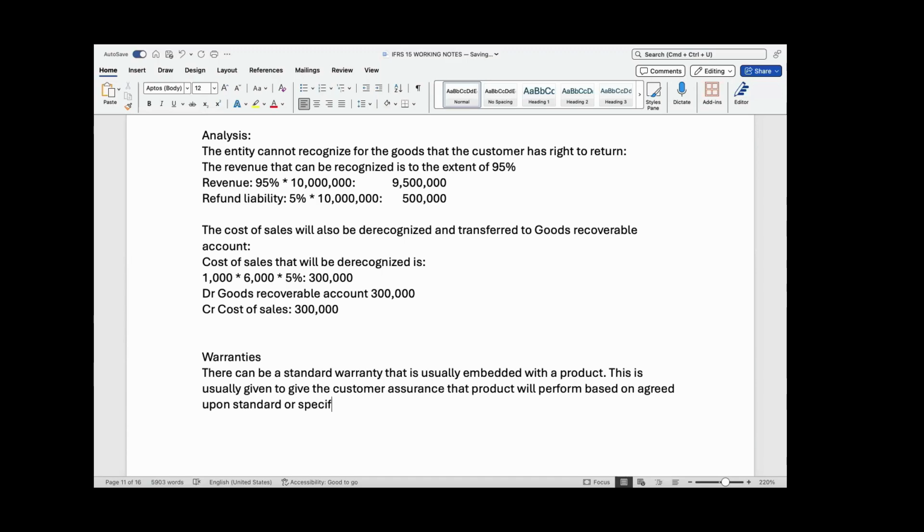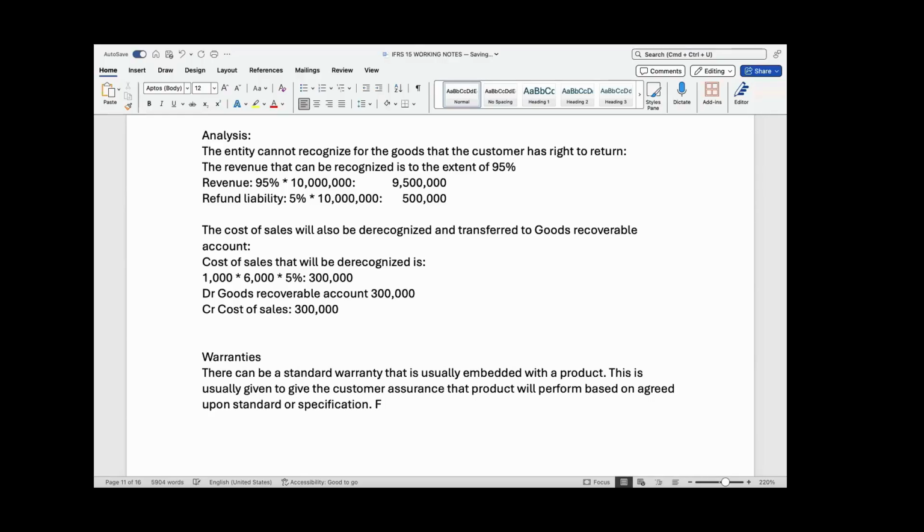So there are some standard warranties that come with the product, where that one is just telling the customer that we assure you that this product will work well.